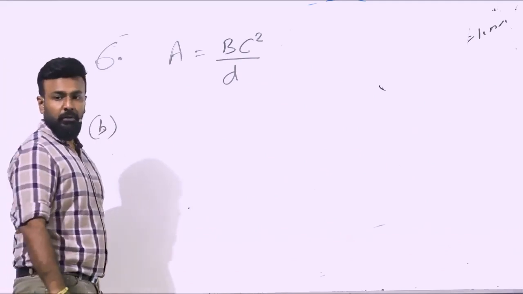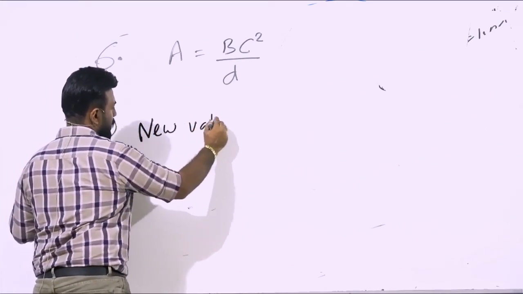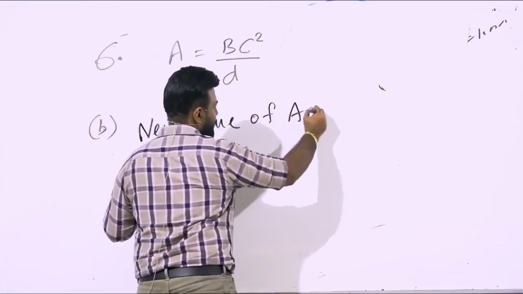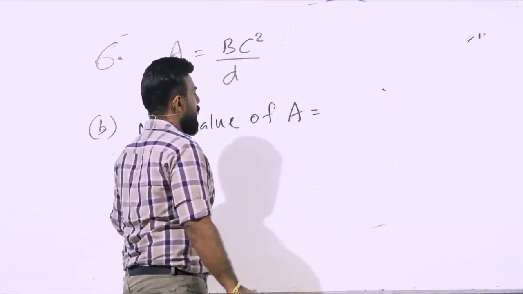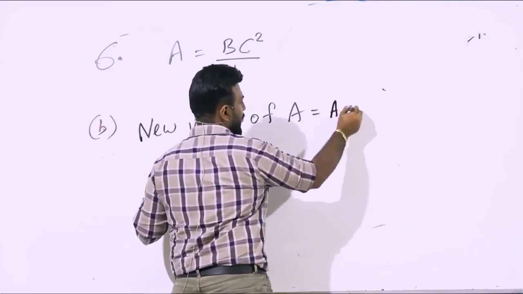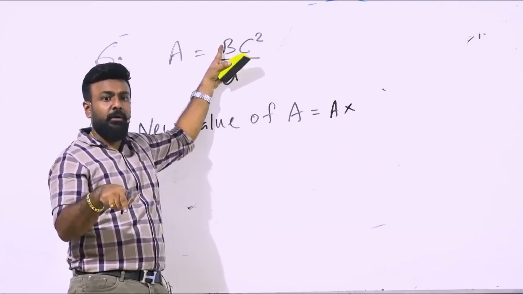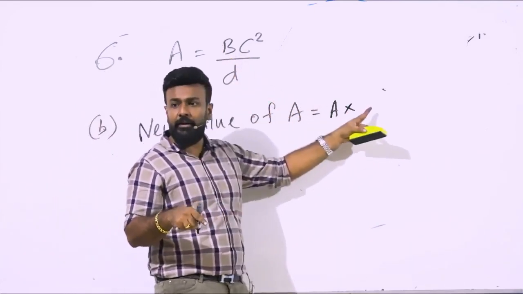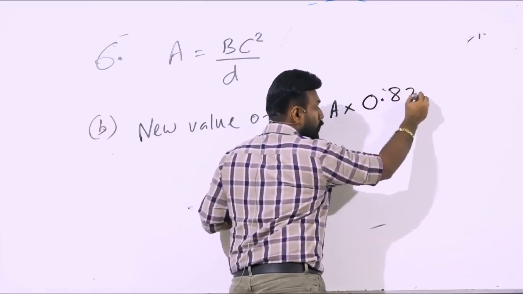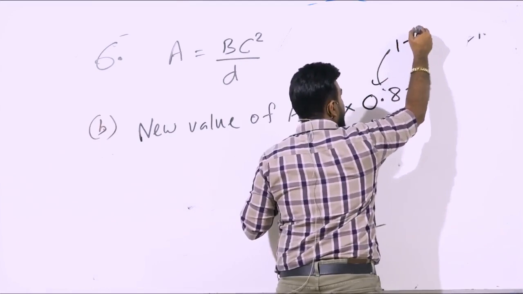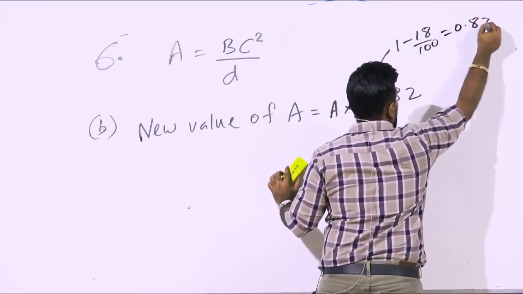Okay, I'm writing the new value of A, that is equal to the initial value into B, where we had a decrement of 18%. What should I write here? 0.82. How do you get it? 1 minus 18 over 100 is 0.82.